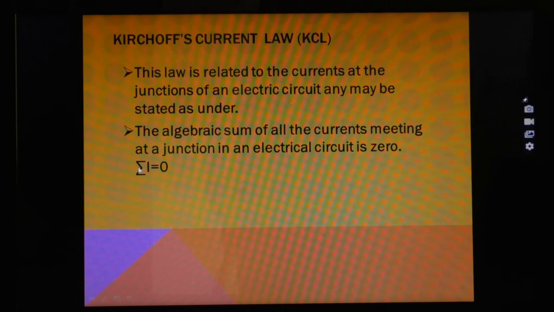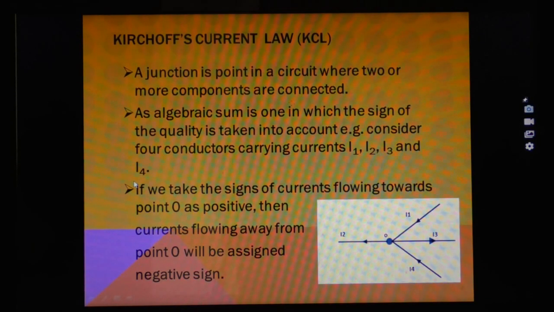That is, sigma I is equal to 0. As we all know, sigma stands for summation. Sigma I means that you are summing up all the currents flowing at a junction, and its algebraic sum is equal to 0.